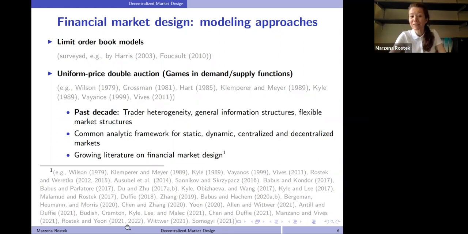Now we can see that a lot is happening in this literature right now. Still, most of what we understand about equilibrium with large traders has been established in a variant of a quadratic Gaussian setting. Okay, so all traders' objectives are quadratic, all random variables are jointly normally distributed.